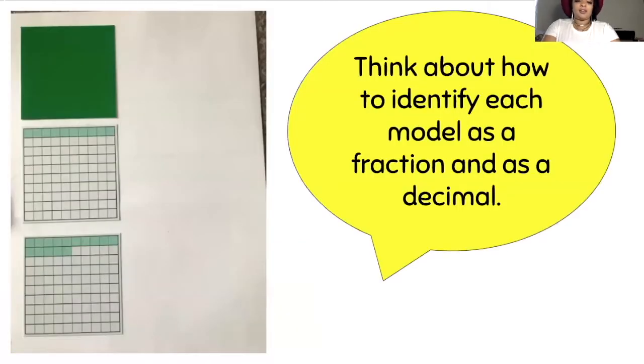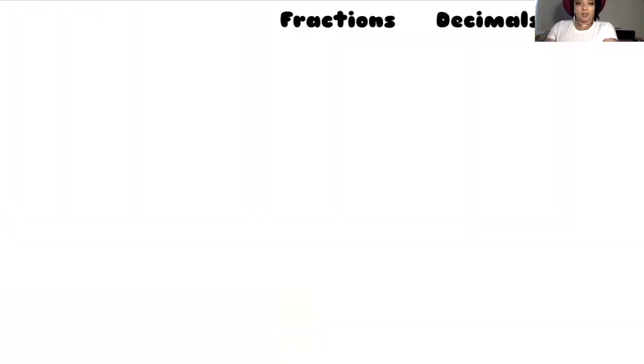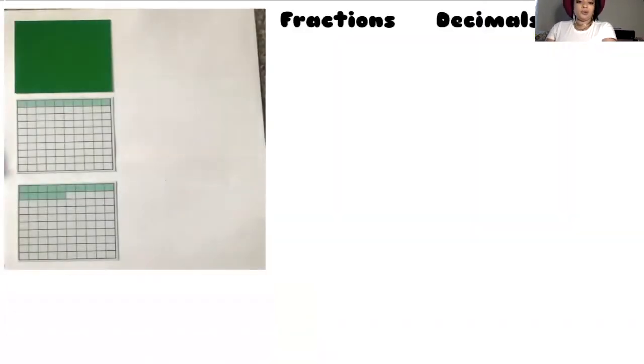Let's look at these 3 fractions here. How would we model them as a fraction and as a decimal? Pause the video here and think about it and write it down. Well, as a fraction, for the first one, we know that that's 1 whole.